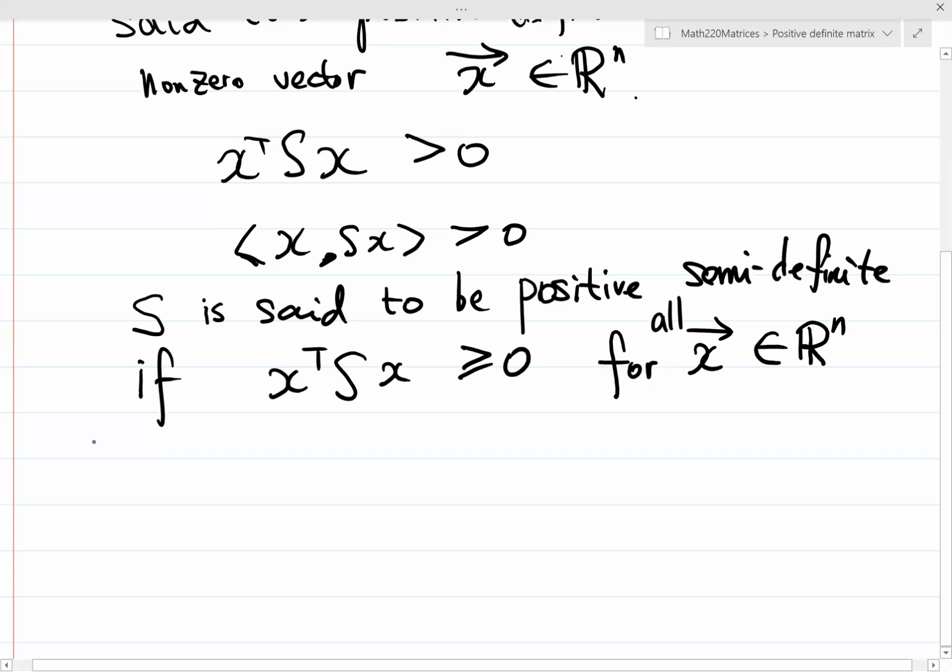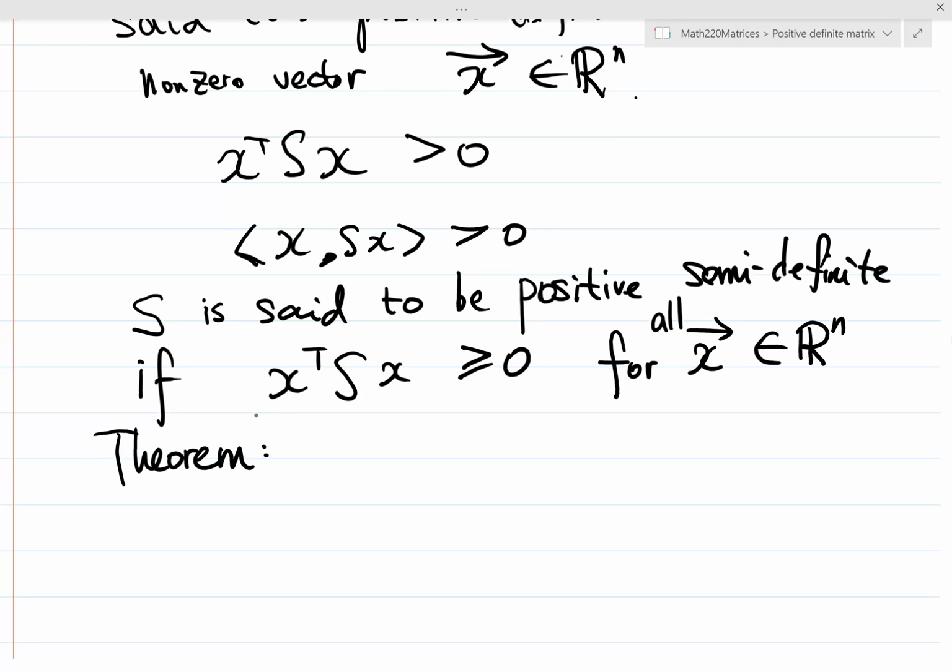Theorem. We assume S is symmetric already, so without writing it, we just assume S is symmetric.